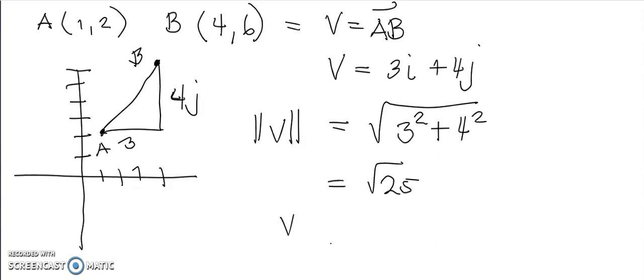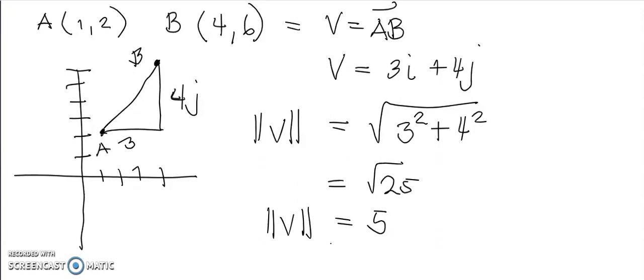So the magnitude of v is equal to 5. Okay, got it? So the vector is equal to 3i plus 4j, where i is the component of x and j is the component of y, and the magnitude is equal to 5.